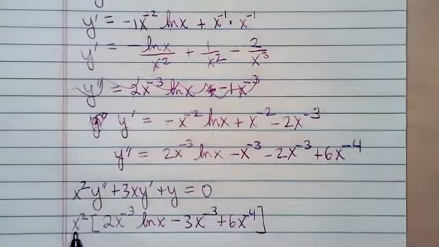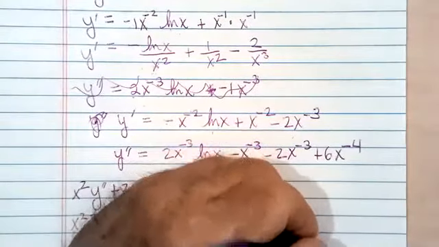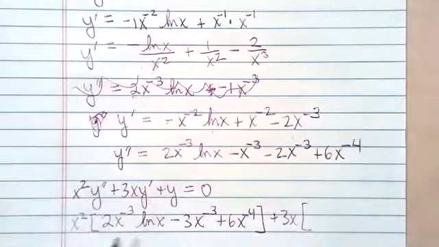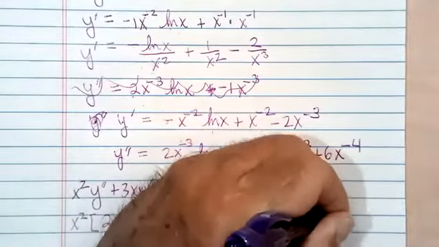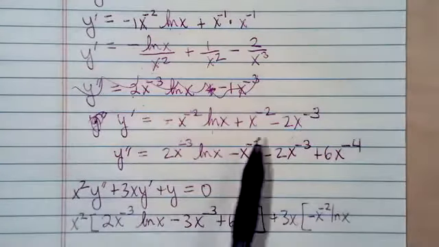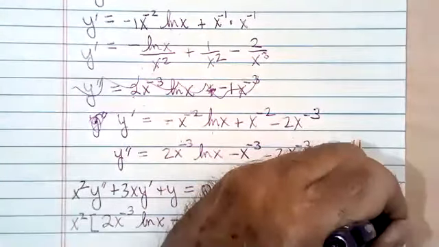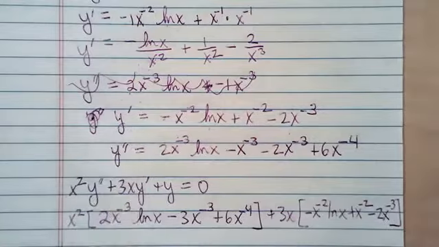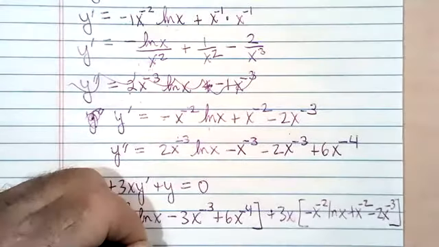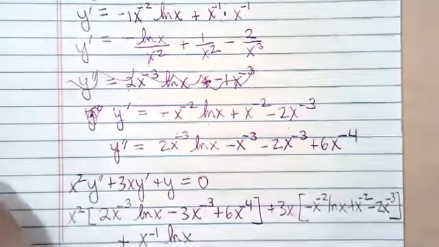And that all gets multiplied by x squared, plus 3x times the first derivative. That is minus x to the minus 2 log x plus x to the minus 2 minus 2x to the minus 3. And then finally plus y, and y is x to the minus 1 log x, and we really hope that sums to 0.